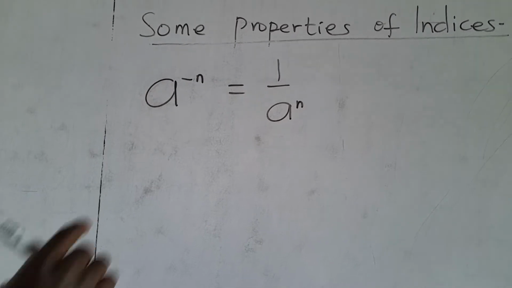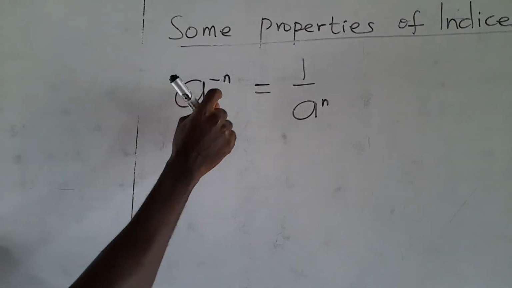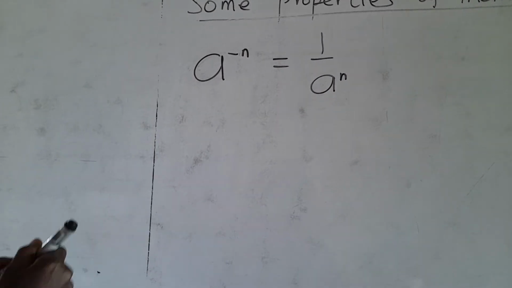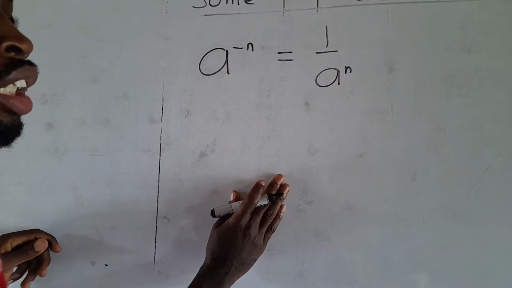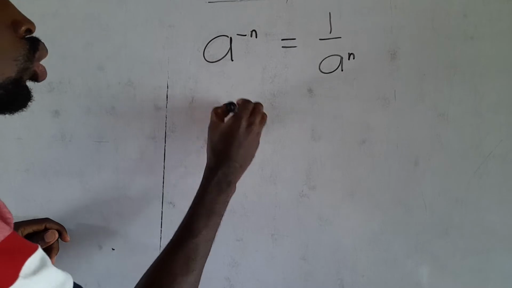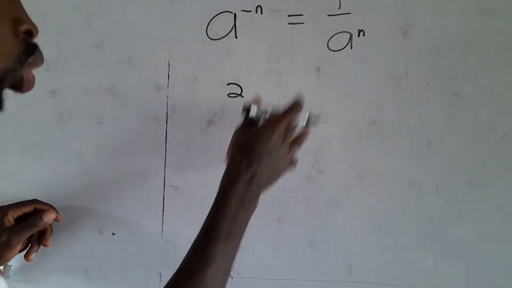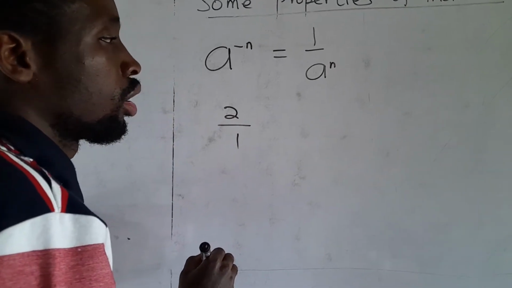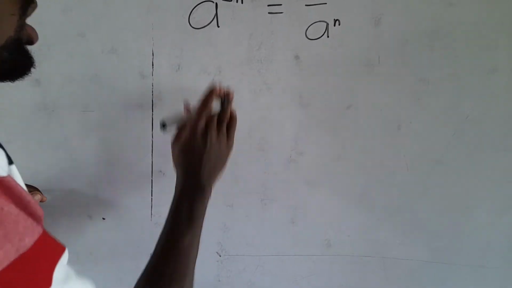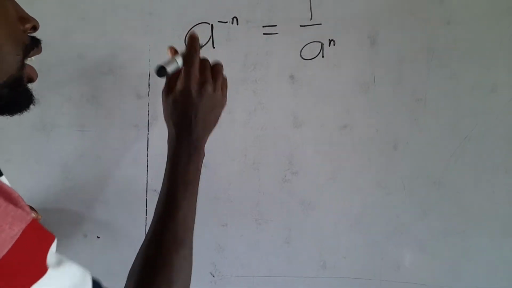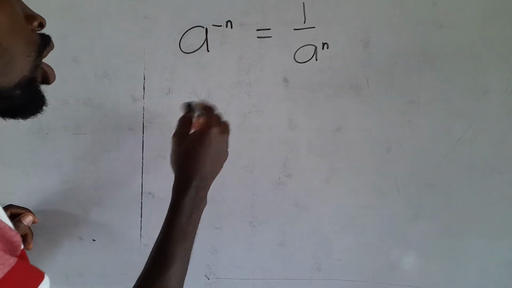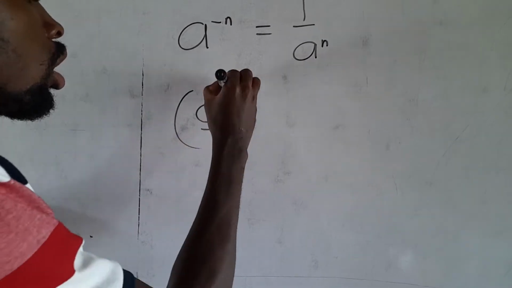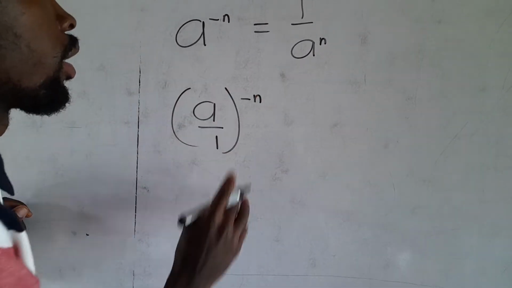So now let's get a concept. We said if you have a exponent negative n, it will be equal to 1 over a exponent n. See, any number, let's say 2, can be written as a fraction with a denominator of 1. So we can rewrite a exponent negative n as a over 1, all exponent negative n.